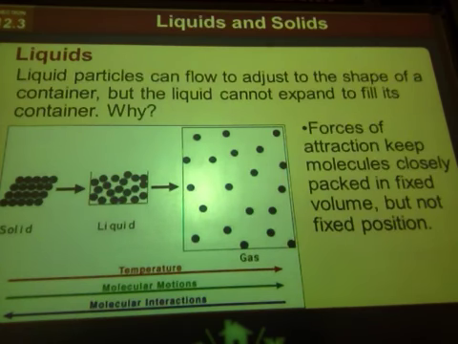It's not necessarily a fixed position, because they're still able to flow and move around. But those intermolecular attractions keep the molecules so much closer that they're not able to fill up the entire container like a gas can. So intermolecular attractions, or forces of attraction, are the reason why there's a fixed volume, but not necessarily a fixed position or a fixed shape, okay?